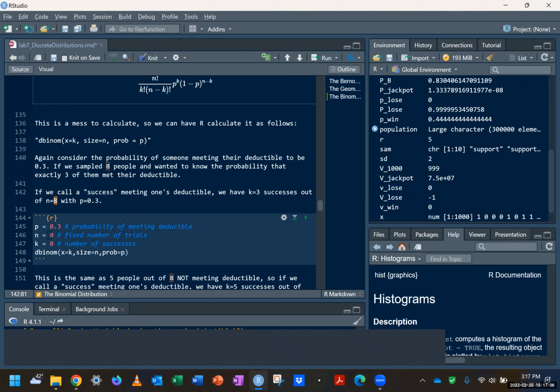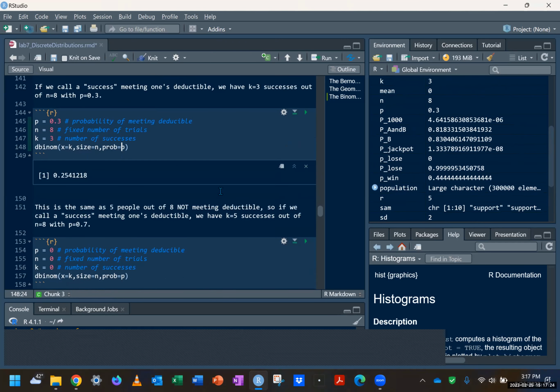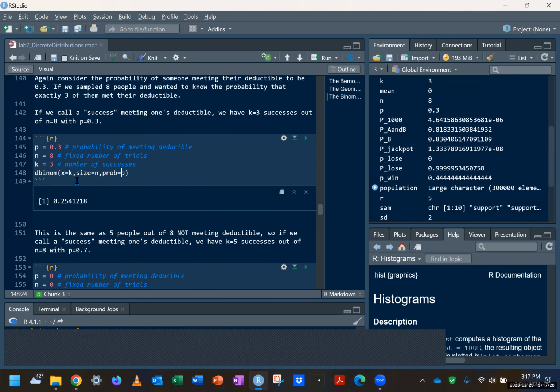That's the size of the group that we're interested in, 8. We want exactly 3 successes, so K is 3. And if we put those in right, dbinom takes in X first, or K, I should say, N it puts in for size, and P is for probability. This gives us the probability of having exactly 3 people out of 8 meeting their deductible.